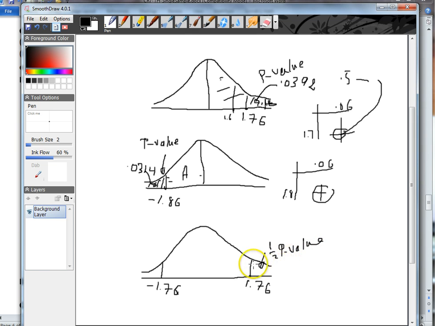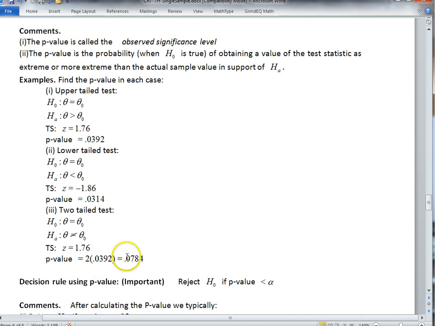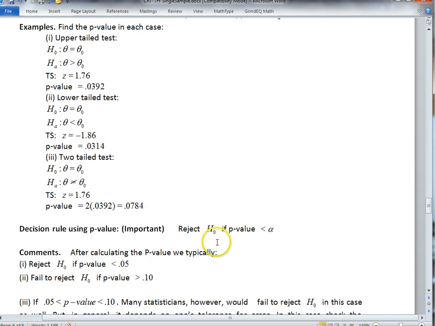So this value would be compared with alpha over 2, and therefore whatever area I have here, I just multiply by 2. If you have a two-tailed test, double the value you find from the upper tail, and that gives you the p-value, so you can compare the p-value with alpha instead of comparing half the p-value with half alpha. That's how you compute the p-value in each case.